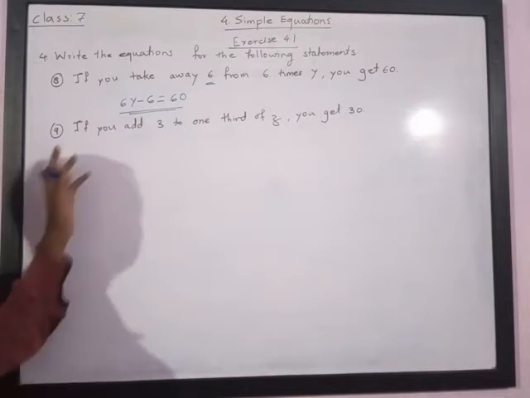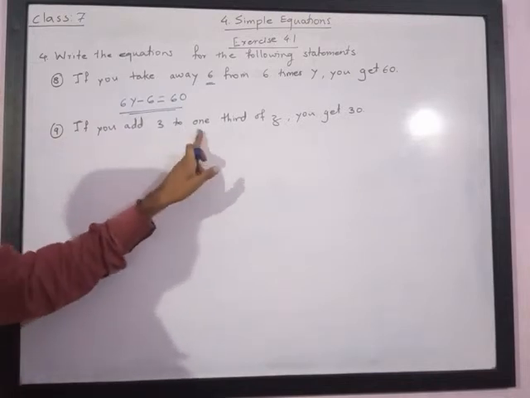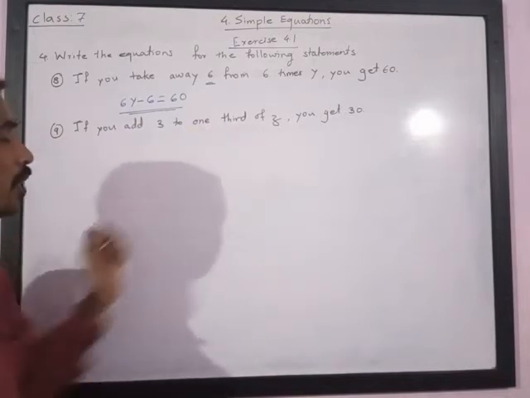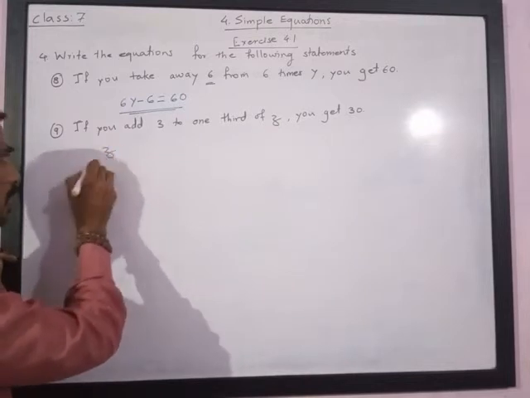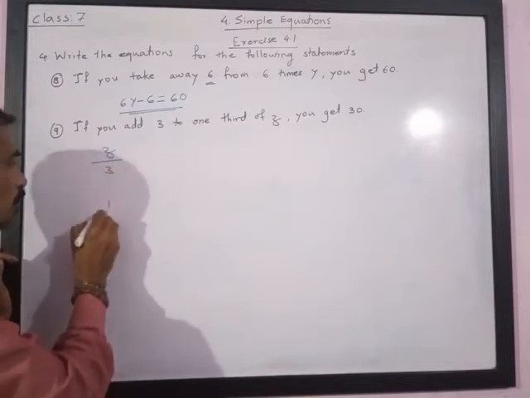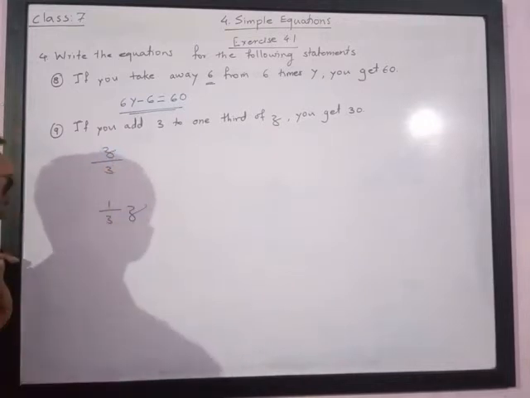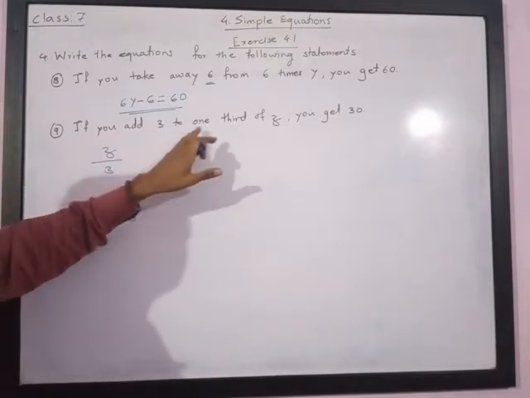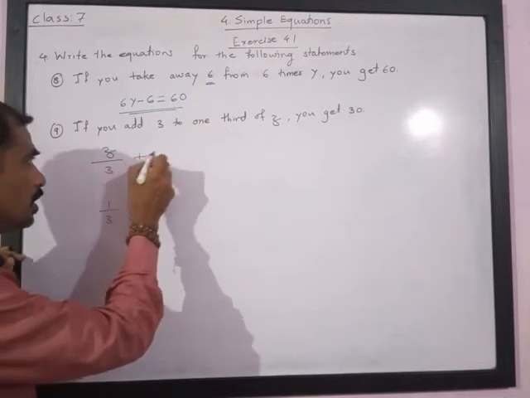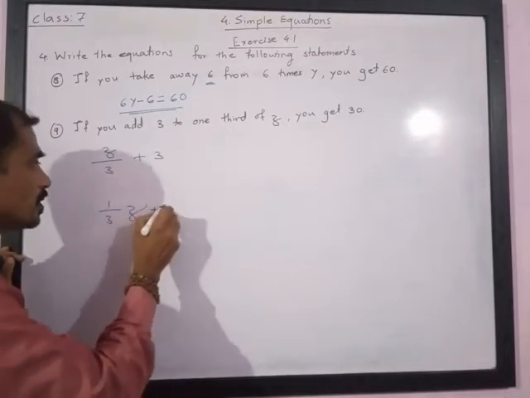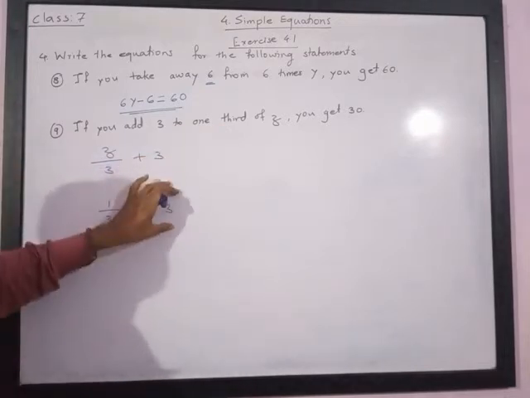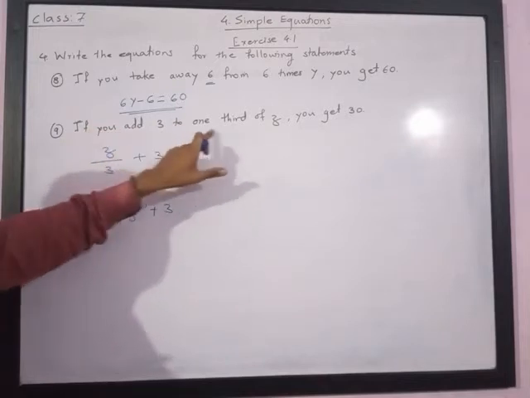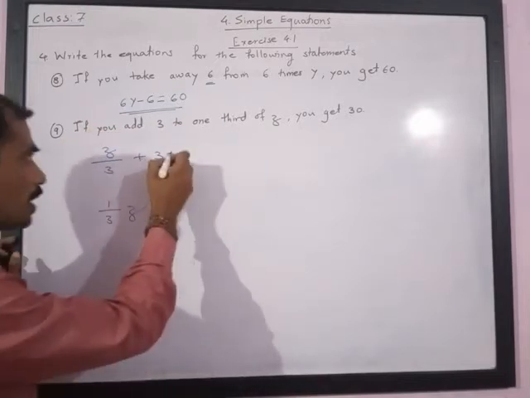Next is if you add 3 to 1/3 of z. 1/3 of z is z upon 3, or you can write it as 1 upon 3 z also. So if you add 3 to 1/3 of z, you get 30.